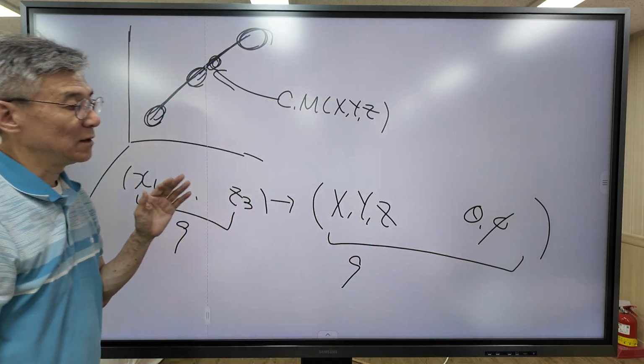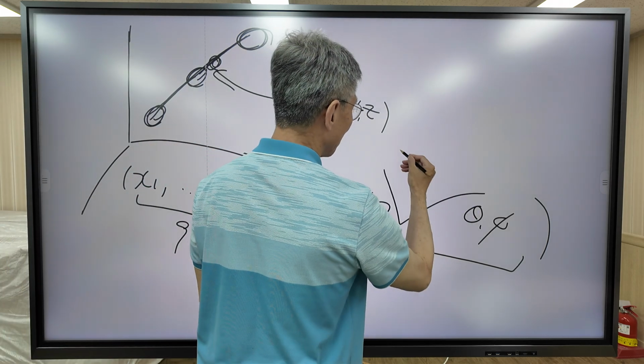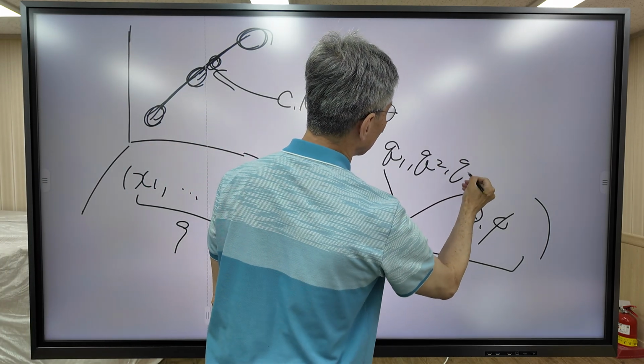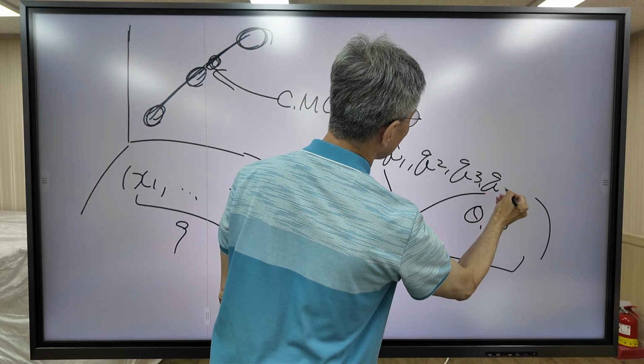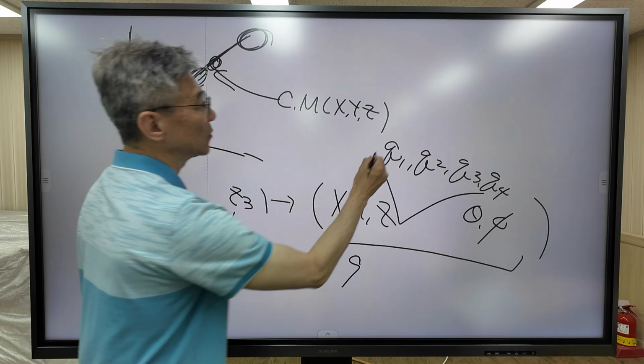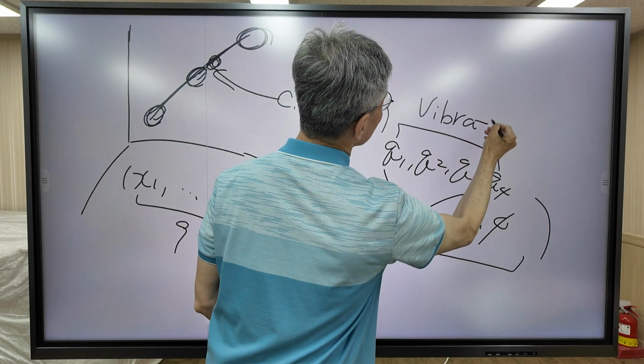So we remain with 4 coordinates, right? These 4 coordinates are designated Q1, Q2, Q3, Q4. These coordinates are definitely related to vibrational motion.